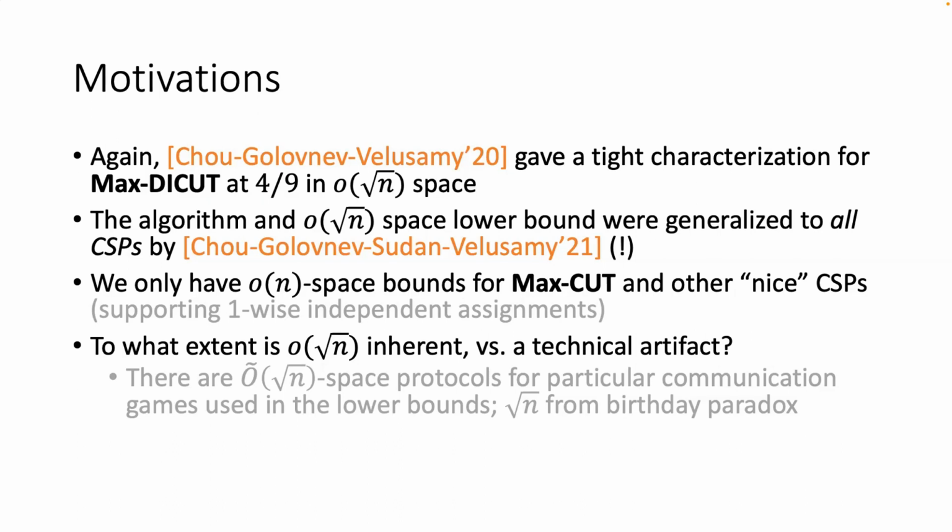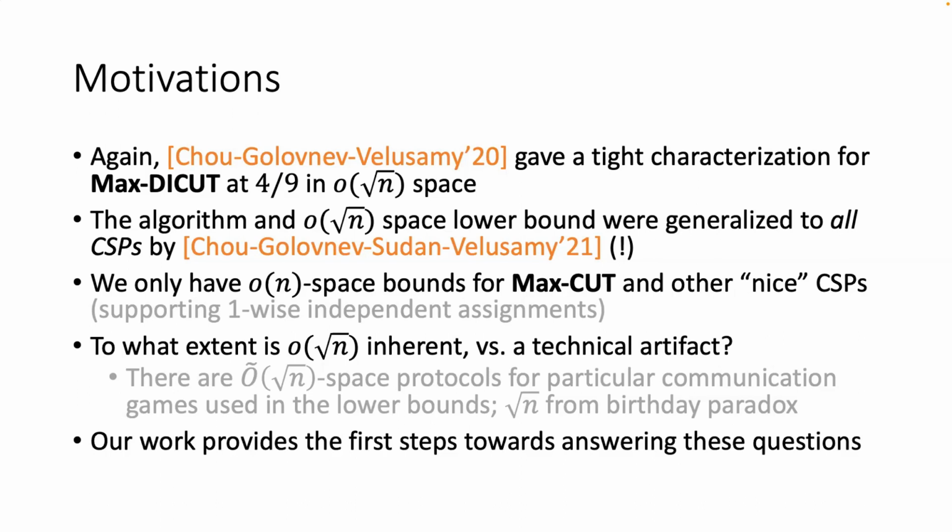And the most natural ways that you would prove these lower bounds use communication games that have square root n space protocols that are very simple, that just rely on some collision probability thing. So the question is, if you spend some time studying those communication lower bounds, is that an inherent problem in the streaming model, or is it just some artifact of how we know how to prove streaming lower bounds? Okay, and our work provides the first steps towards answering these questions. And I have strong hope that it could be generalized both to other CSPs and maybe to other amounts of space between square root n and n. Yeah, okay.